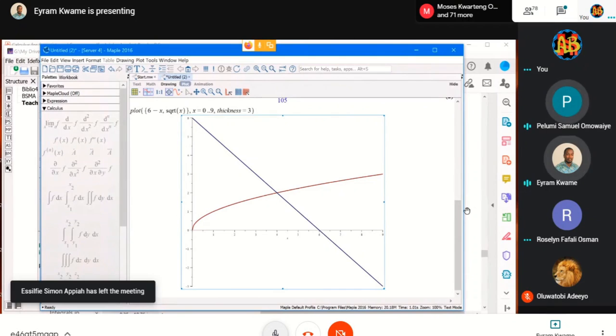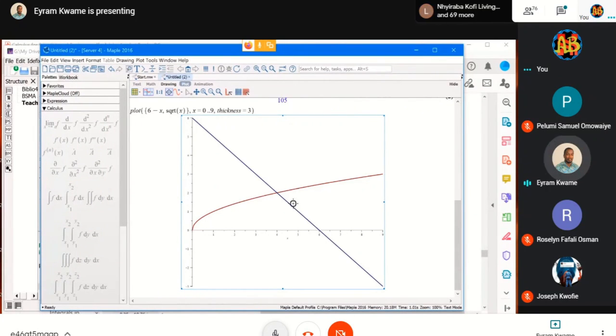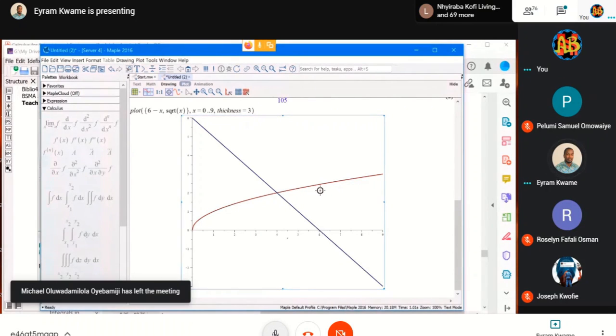Y should be 0 to 2, I agree. And x will be 0 to 6. That becomes a rectangle. You just told me I should start from 0 to 2 and then 0 to 6. That becomes a rectangle. Look at it. You have a rectangle, 6 by 2. You have included regions we don't want.